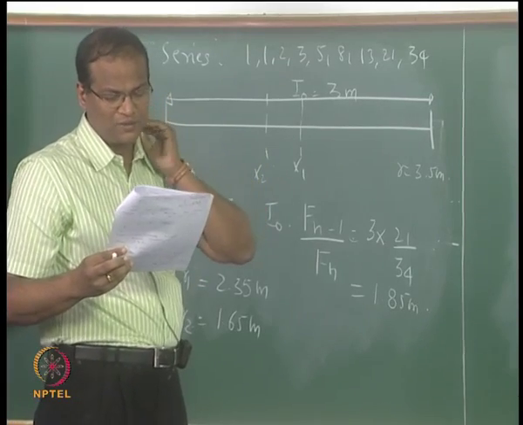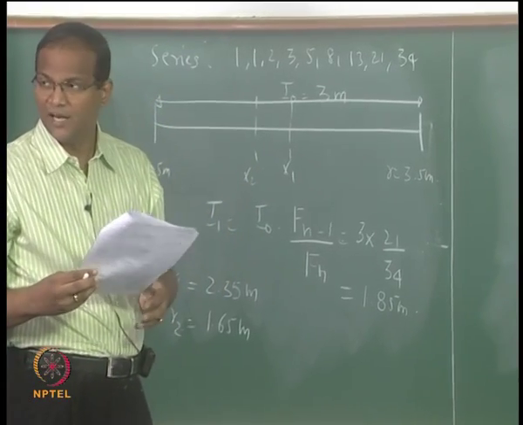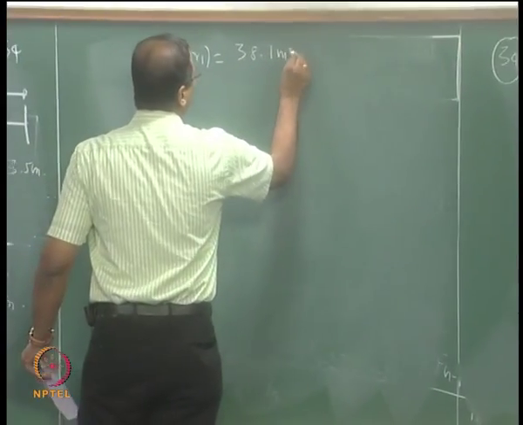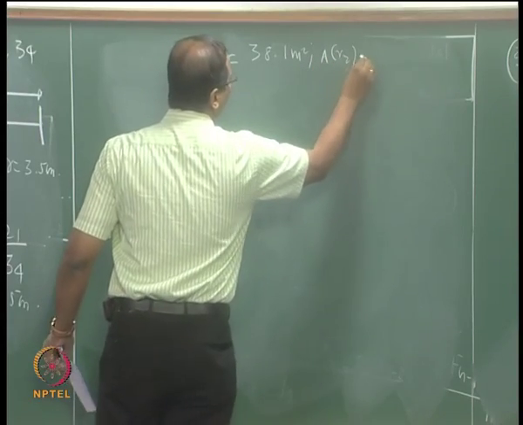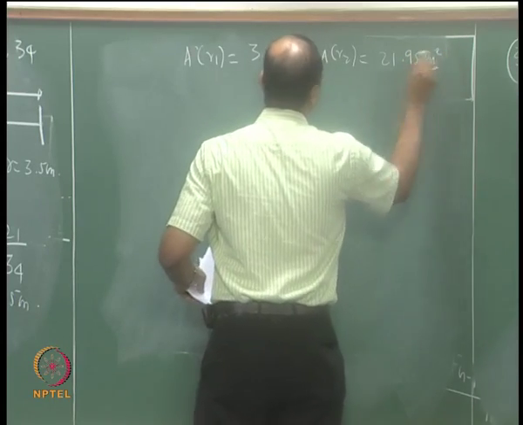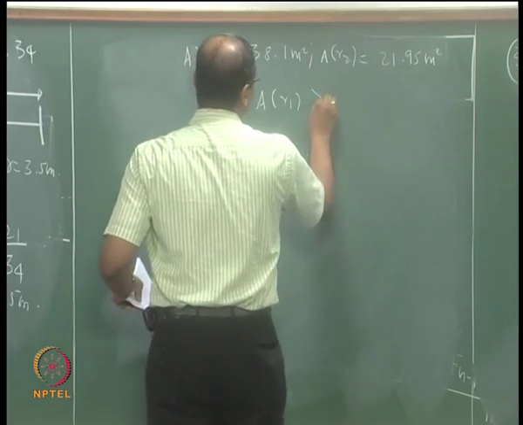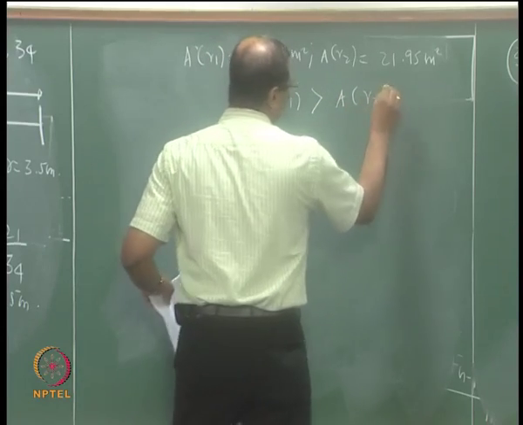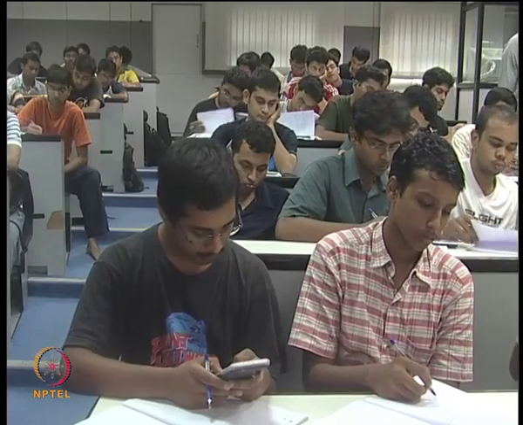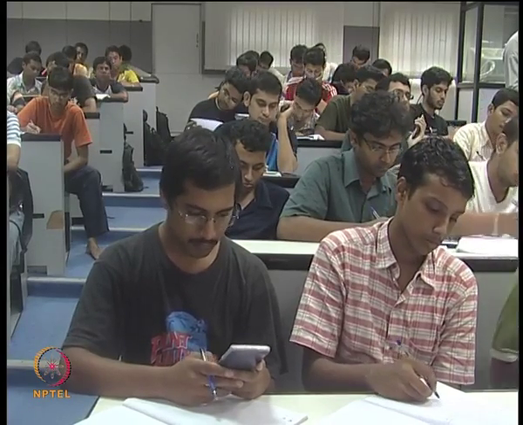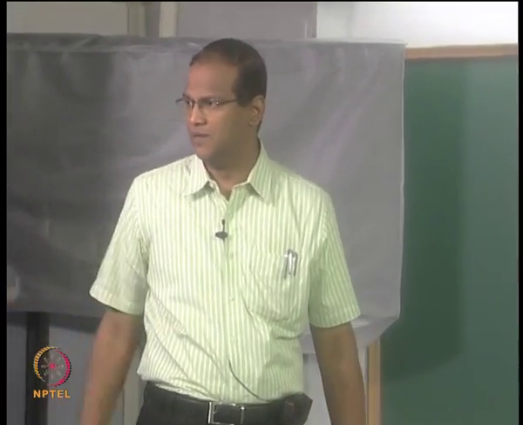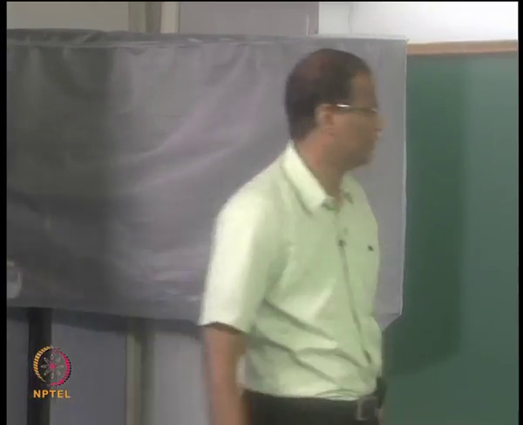So A of r1 is 38.1 meter square, correct? A of r2 is 21.95 meter square. A of r1 is greater than A of r2, therefore region to the right of r1 can be eliminated. Is that right? Abhishek, is it fine? Okay.